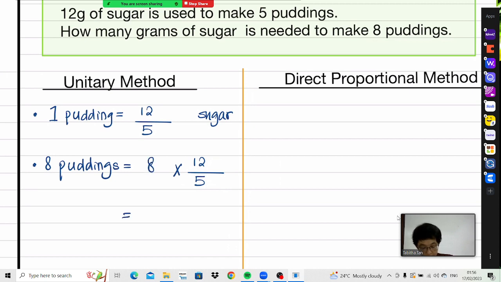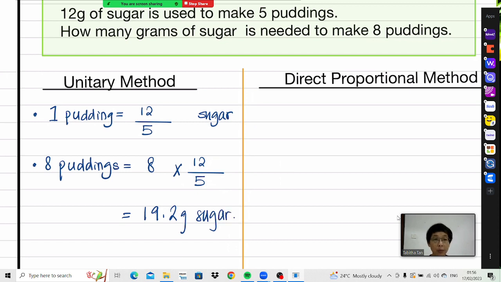So 8 times 12 divided by 5, to make 8 puddings. Your calculator will show you that you're going to use 19.2 grams of sugar. So this is using the unitary method.